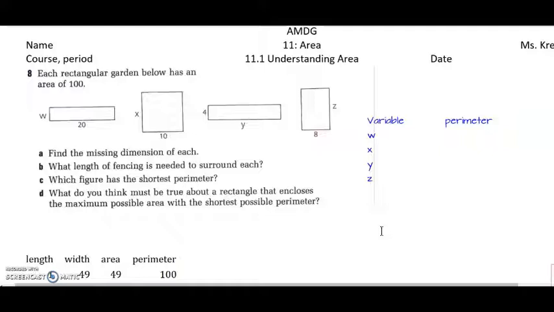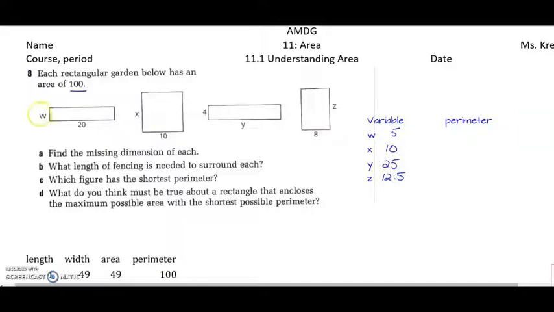So here I have W, X, Y, and Z. So if each has an area of 100, 100 divided by 20 is 5. 100 divided by 10 is 10. 100 divided by 4 is 25. And 100 divided by 8 is 12.5.